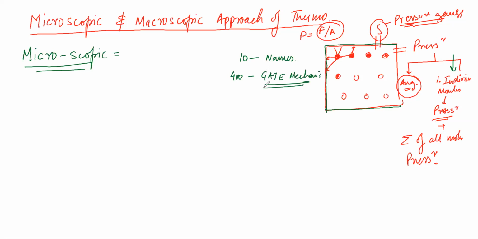Now GATE Mechanical contains 400 students, so to monitor the growth of these 400 students, they will conduct an examination and look at that level. But with 10 students, they can individually see how many marks each student scores, with their names and behaviors. So if we say 400 students, that approach is defined as macroscopic. If I say individual behavior, that approach is defined as the microscopic level, right?